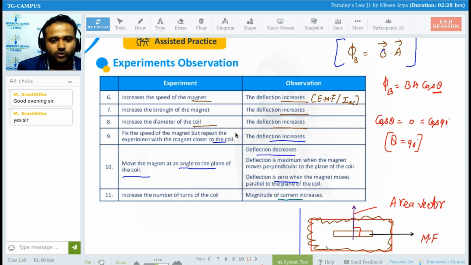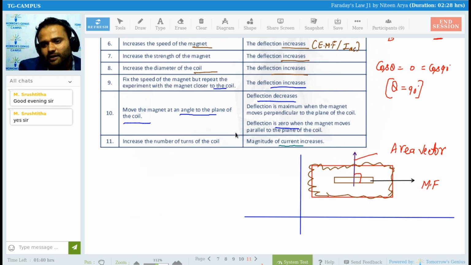Okay. So deflection decreases. Deflection is maximum when the magnet moves perpendicular. Here deflection is maximum when perpendicular to the plane of the coil. Magnetic field perpendicular to the plane. Okay, got it.